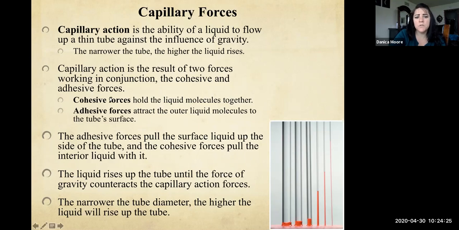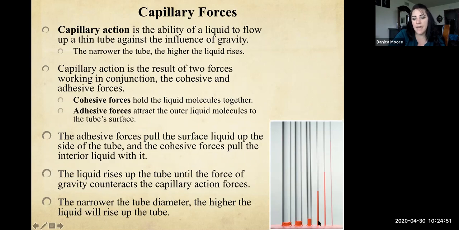So there's two forces working in conjunction to make capillary action happen. The first is cohesive. The cohesive forces are the ones that hold the molecules together, so this is the molecules holding on to each other. And then the adhesive forces. Adhesive forces attract the outer liquid molecules to the surface of the tube.